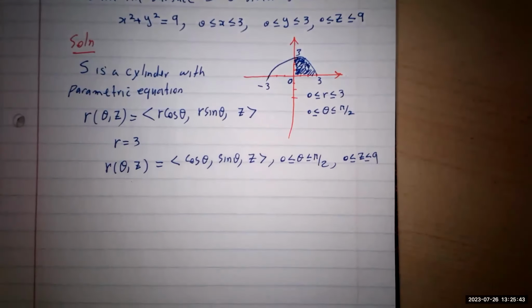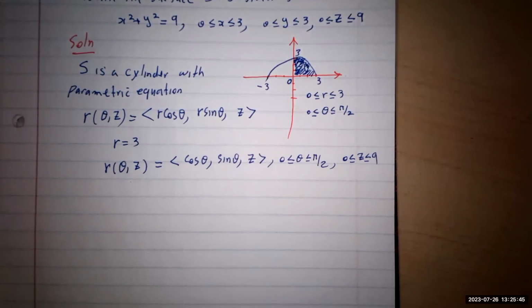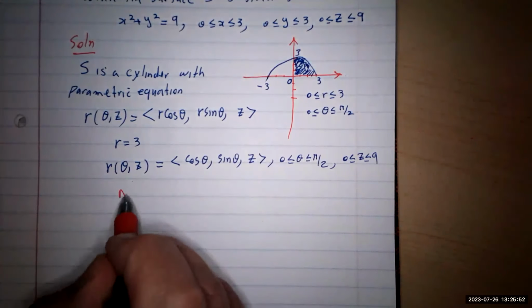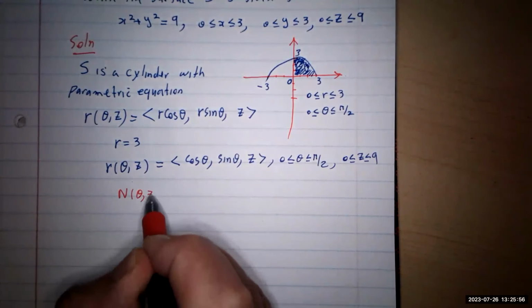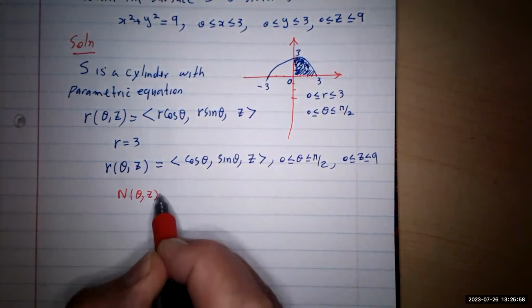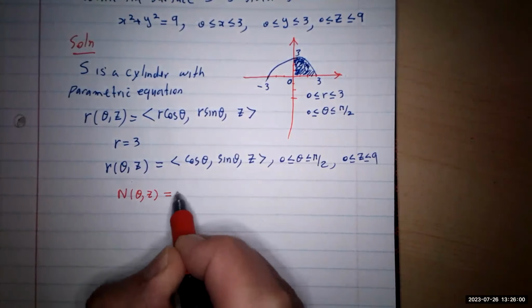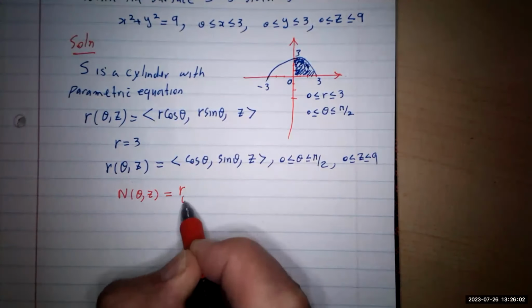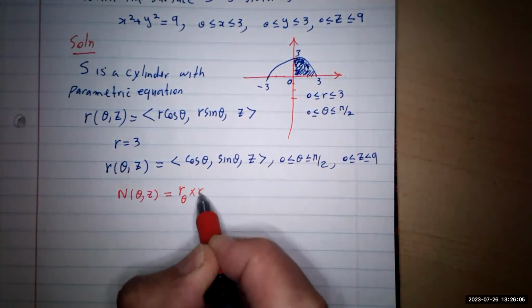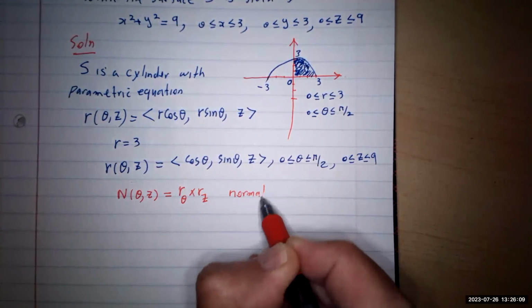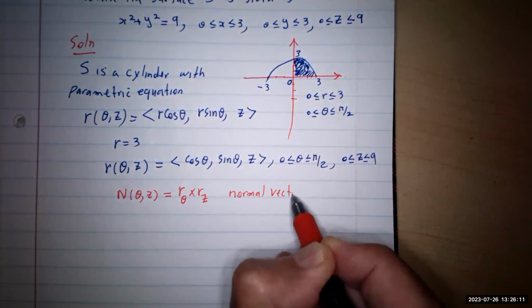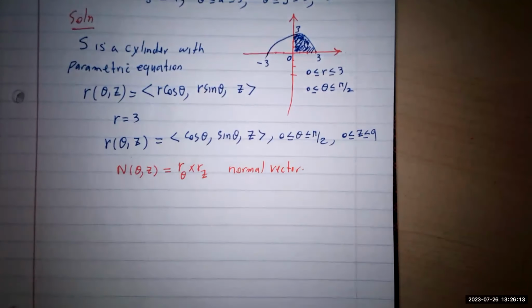Now you have a parametric equation. You have to go and find the normal vector for this one. The normal vector in terms of theta and z is r of theta cross r of z, because you need this normal vector inside the integral, remember?